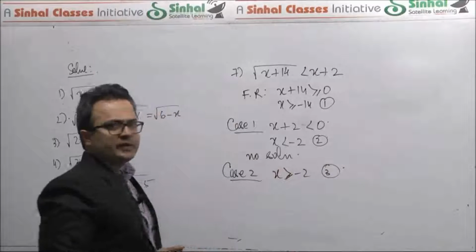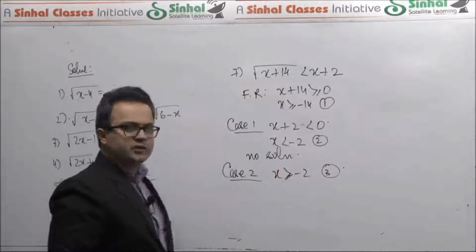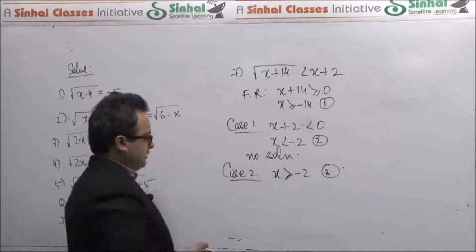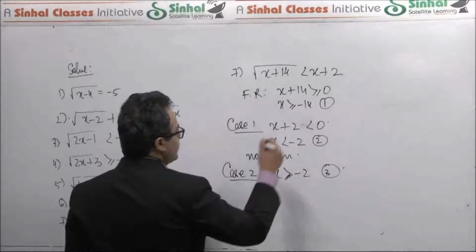Then the other case that we can take of obviously is that x takes values which are greater than or equal to minus 2, and so under this condition, of course, I can square both sides.